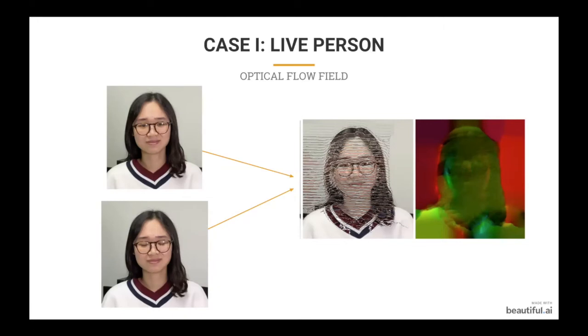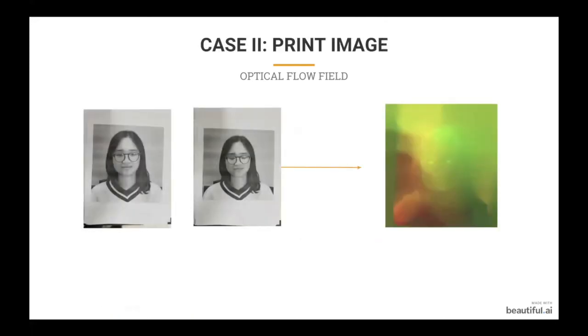Because the face is in the front and the background is in the back, we can see the discontinuity of the flow field, and hence we get different colors. The color represents the orientation, and the intensity represents the direction. So we can make out the 3D depth.